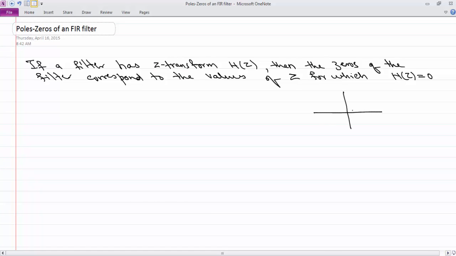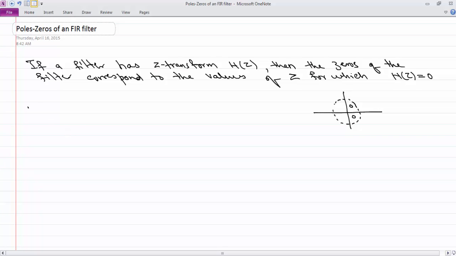And if you look in the Z plane, this is your unit circle, you will often see diagrams where you will have a 0. For example, you might have two zeros around this region, and that just says that your filter has zeros at these two locations.